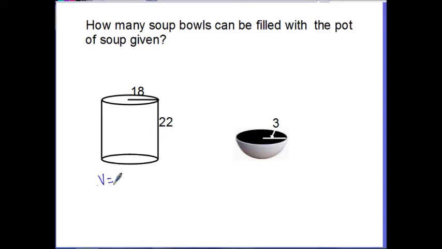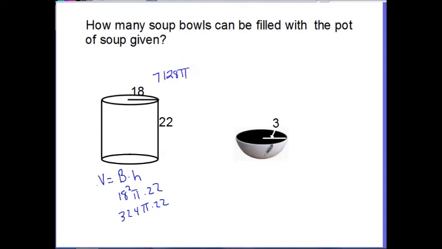The volume of a cylinder is going to be the area of the base times the height of the cylinder, where the area of the base is radius squared pi times the height. So 18 squared is 324 times 22, which gives me an overall volume of 7,128 pi.